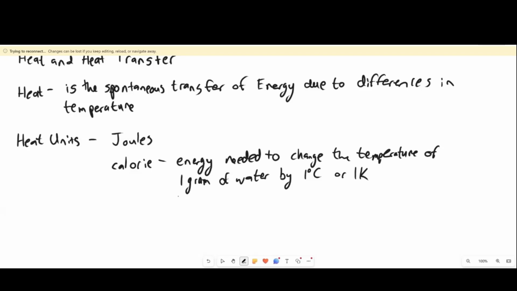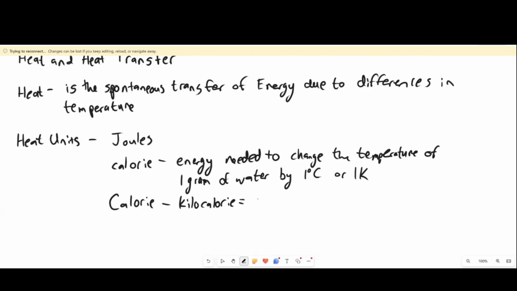The kilocalorie, or the capital C calorie, as opposed to this lowercase c calorie. If we write calorie with a capital C, that is a kilocalorie, or 1,000 calories. And this is typically what's shown on packaging for food, this capital C calorie.